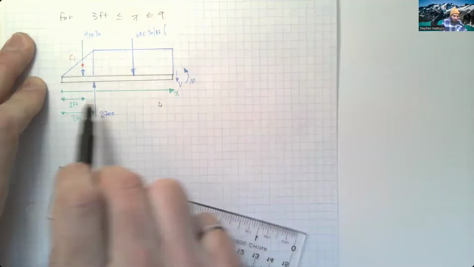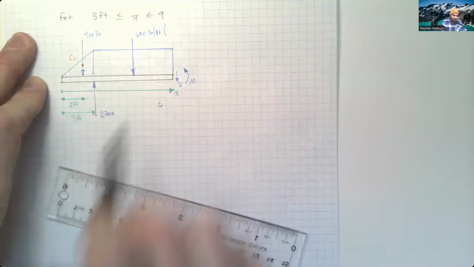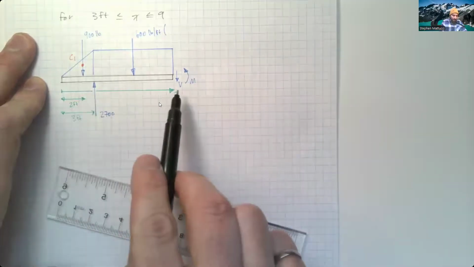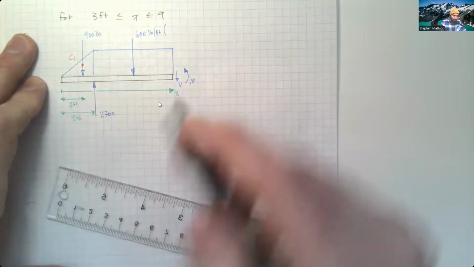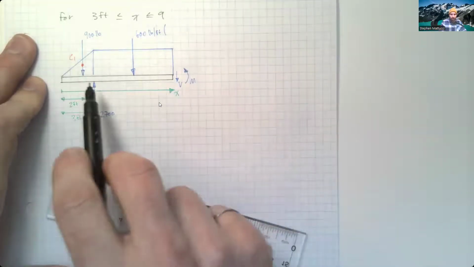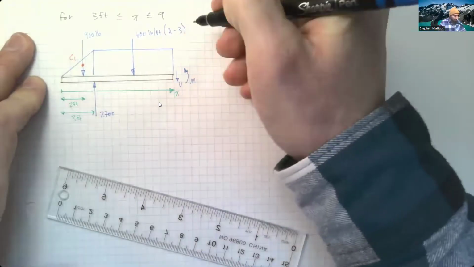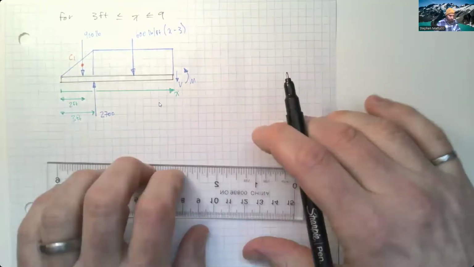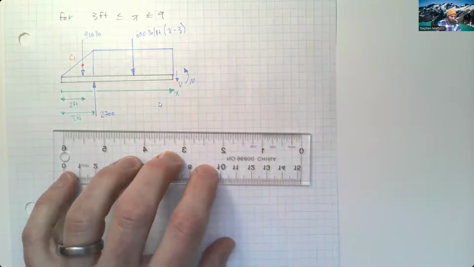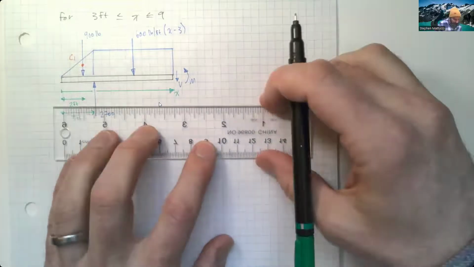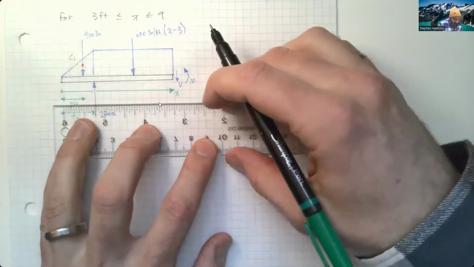And we need to multiply by this distance under here. And this distance is going to be x take away 3, because we're not including the length of that triangle. X minus 3. And so that's this distance here.